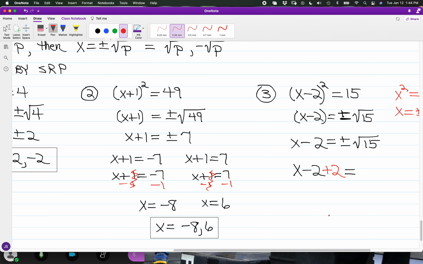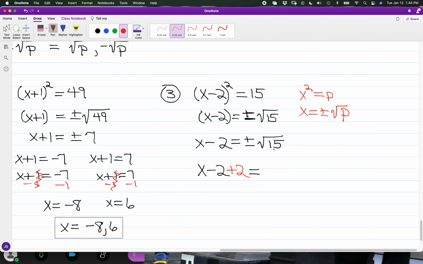For the square root of 15, that is not a perfect square number like 49 or 16, so I'm going to leave it. This is not reducible, so I can leave plus or minus the square root of 15 as it is right now. Upon adding 2, we have 2 plus or minus the square root of 15.